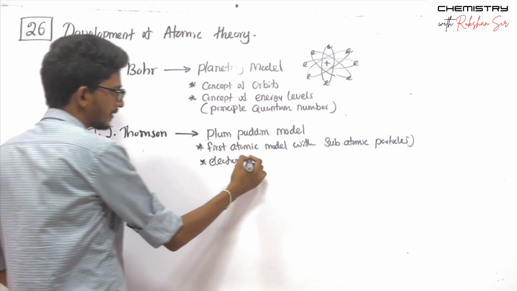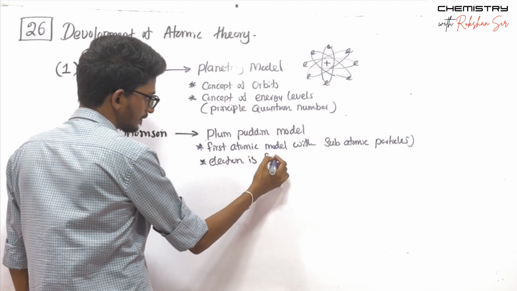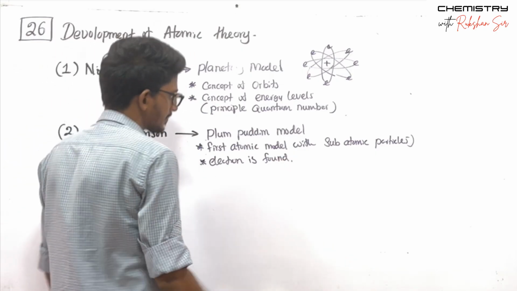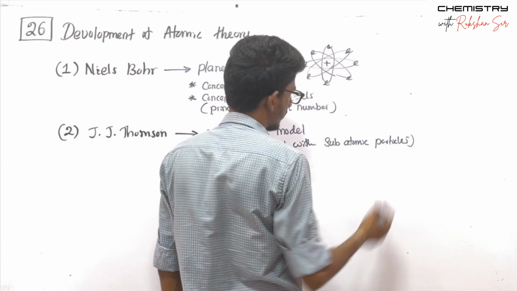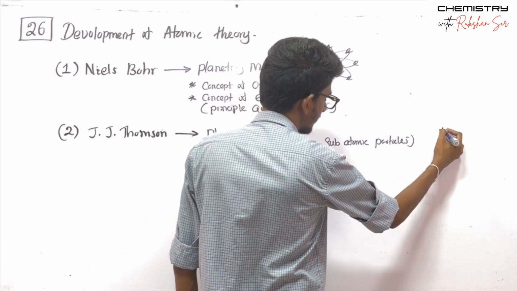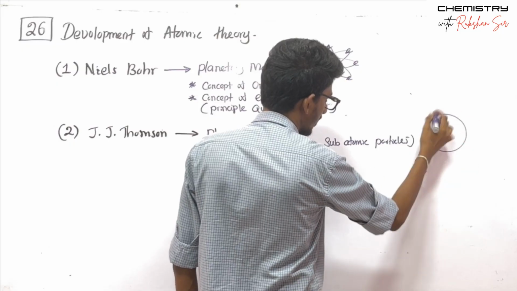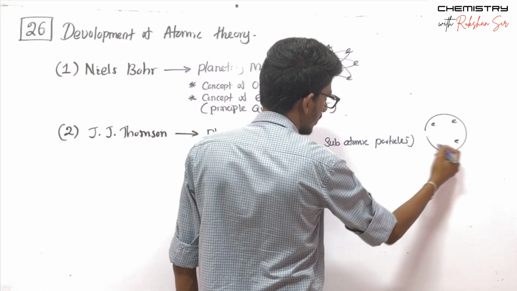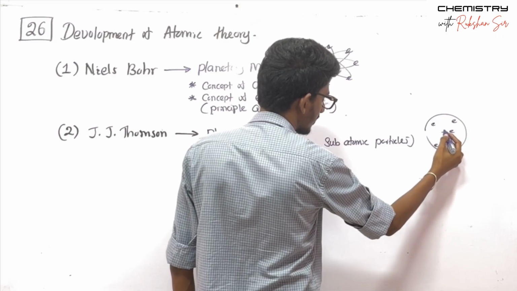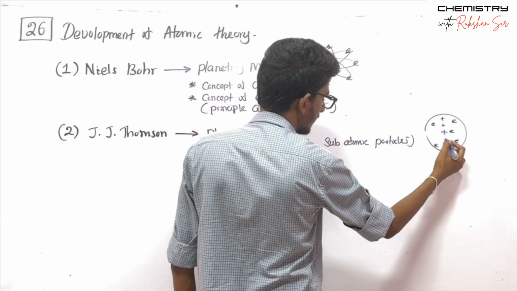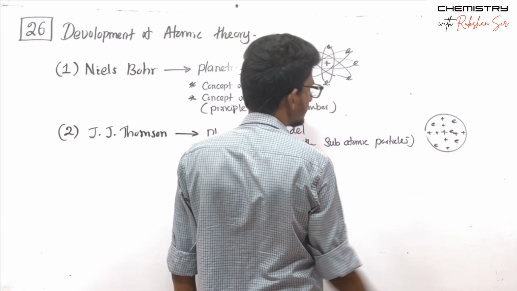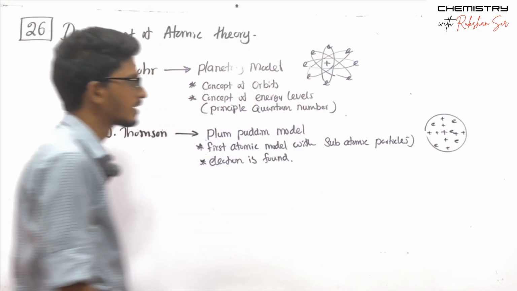The electron was found by Thomson. So what does that model look like? It is the plum pudding model, with the electrons here and there in a positively charged sphere.